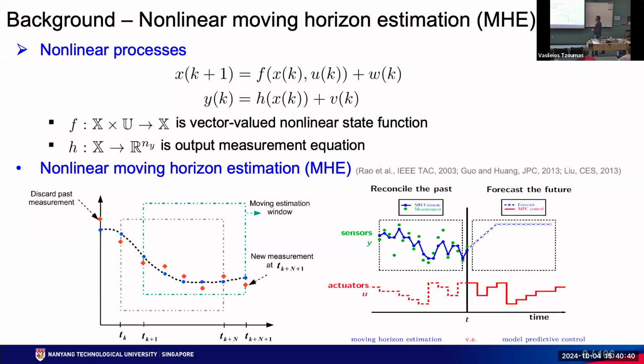Another problem, which is a dual problem of model predictive control, is nonlinear moving horizon estimation. We can see almost the same system model, but moving horizon estimation aims to address the state estimation problem. It's a dual problem of control. Instead of forecasting what will be happening in the future, moving horizon estimation looks back.